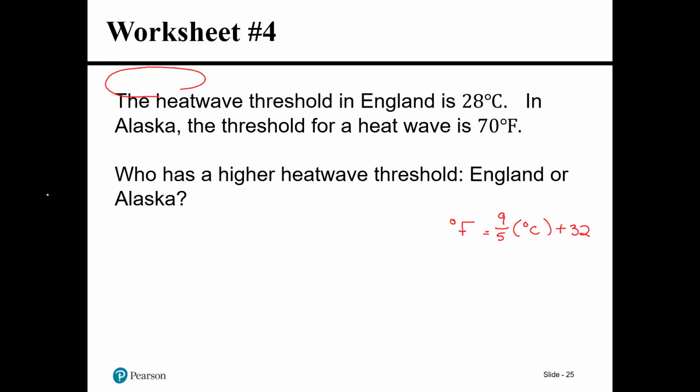So there's my formula. We have my C right here, and we want to find Fahrenheit. So we're going to find the English temperature in Fahrenheit. We see we've got 9 divided by 5 times our Celsius, which is my 28 degrees Celsius, plus 32.